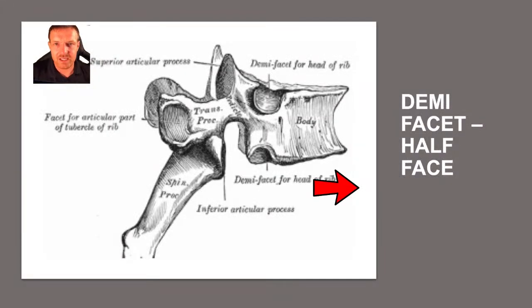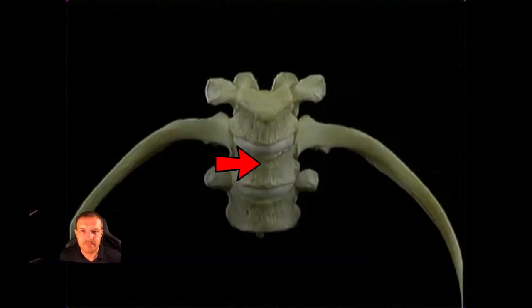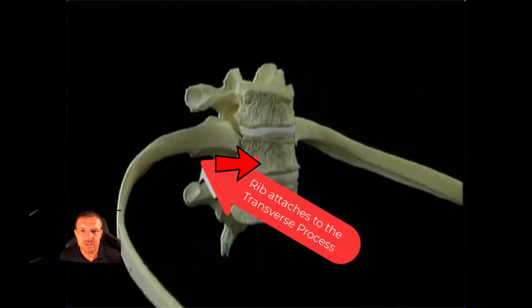If we have a look at this, I mentioned this before. We've got a demifacet, which is a half facet. So we've got this here, a demifacet, so a half joint, and then another demifacet here. If we go back to that video, just scooch along a little bit. That was that bit just there.